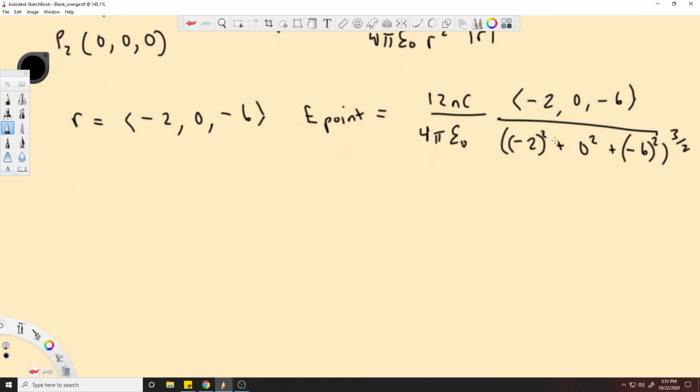Now this is all known stuff. So now you have E point. I got that equal to negative 0.85 in the AX direction, and then negative 2.55 in the AZ.